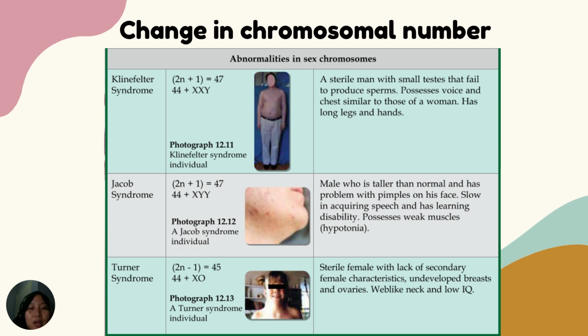All right. So a female with this is sterile, lacks secondary female characteristics, and has underdeveloped breasts and ovaries. All right, and they also have a web-like neck and a low IQ. All right.